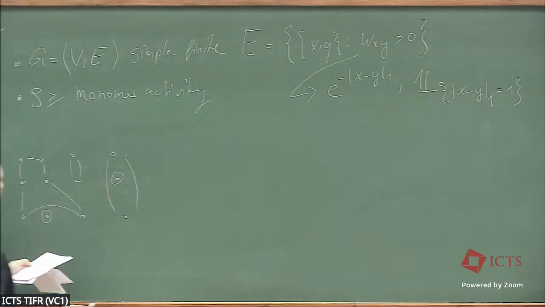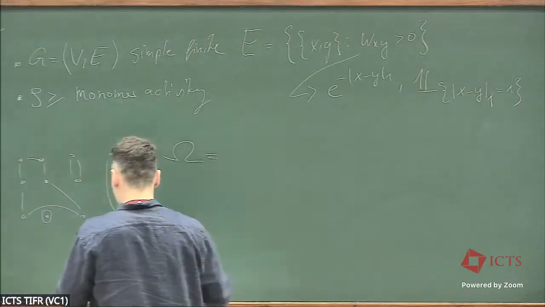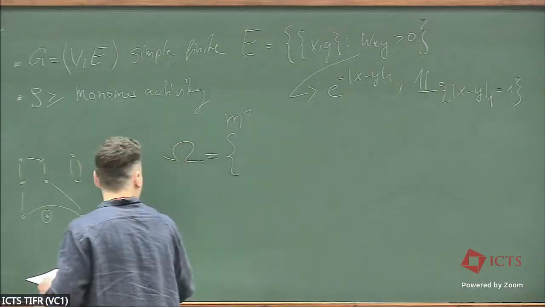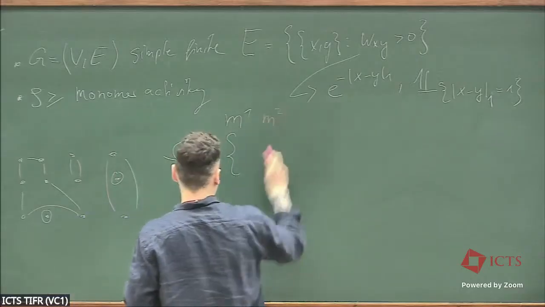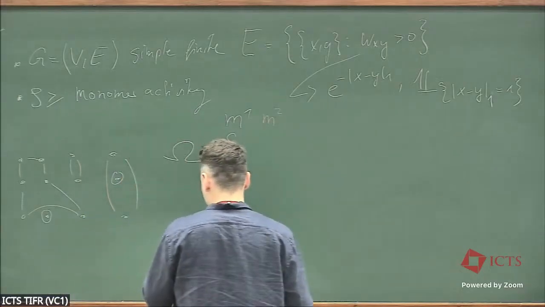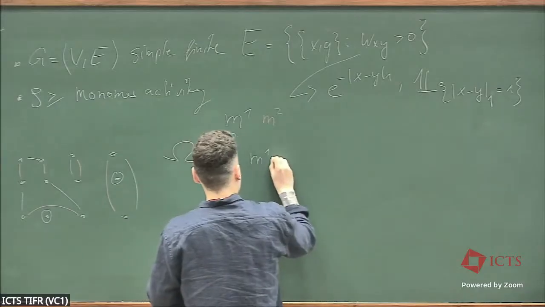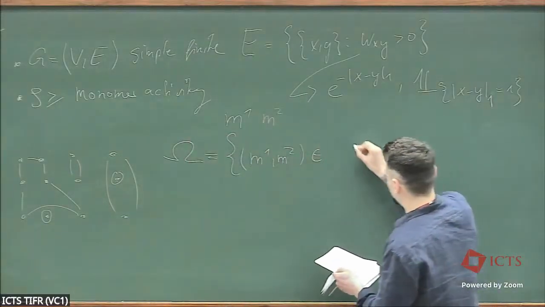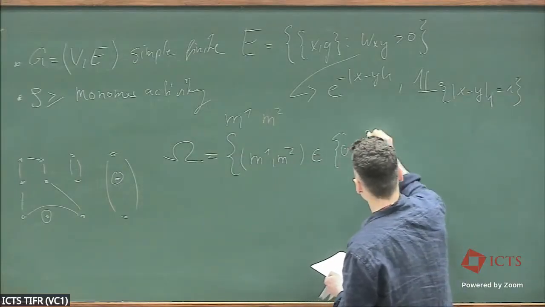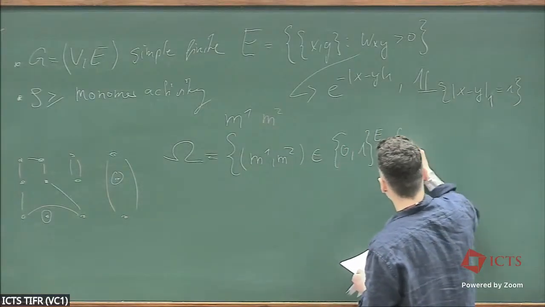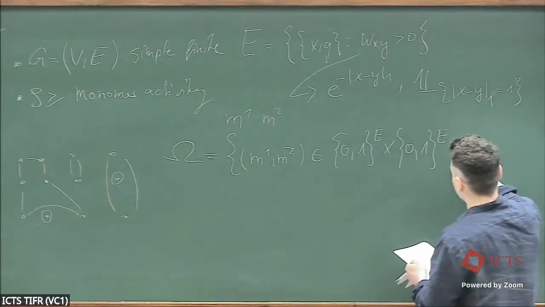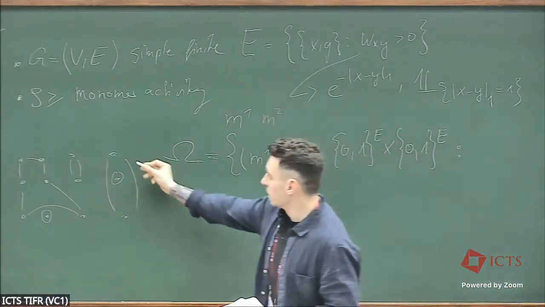And now let's build the probability space. So we have white dimers M1 and we have red dimers M2. So what we need is that these white and red dimers are elements of {0,1} to the E cross {0,1} to the E. And now we have this condition, what you can see here.